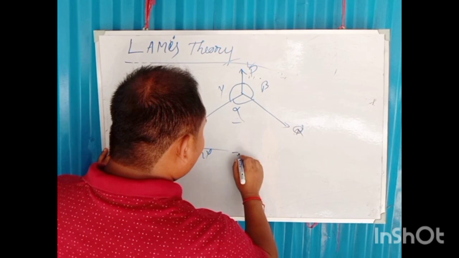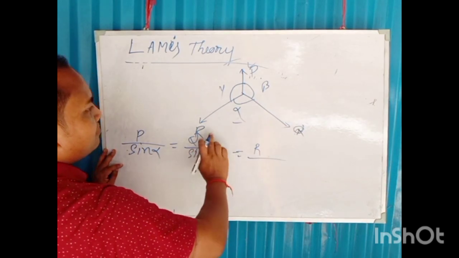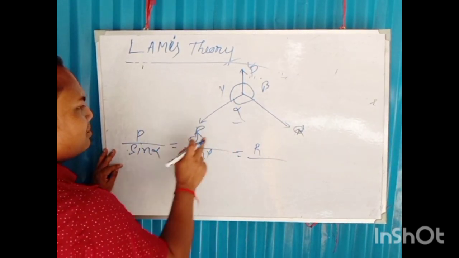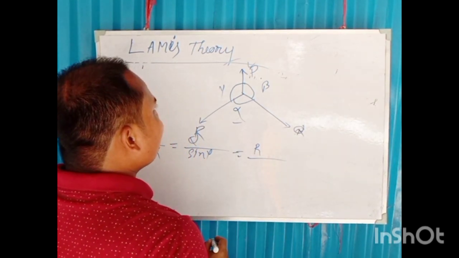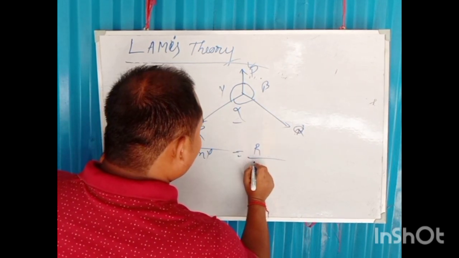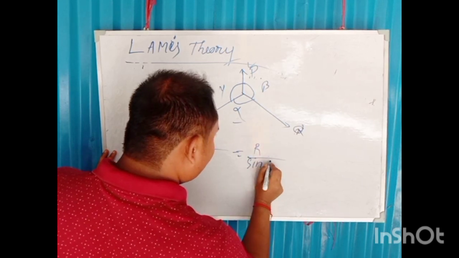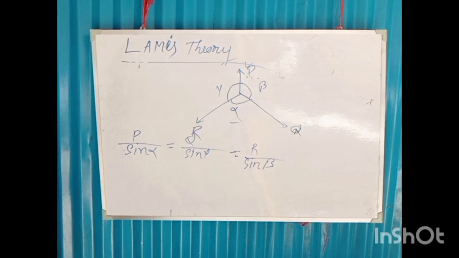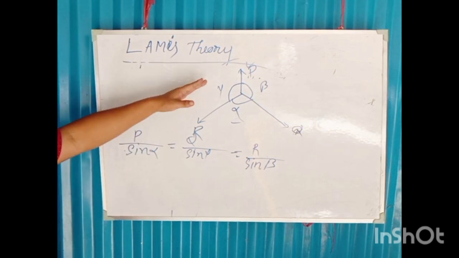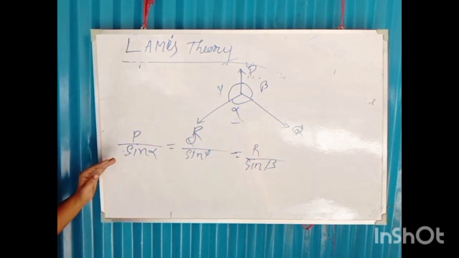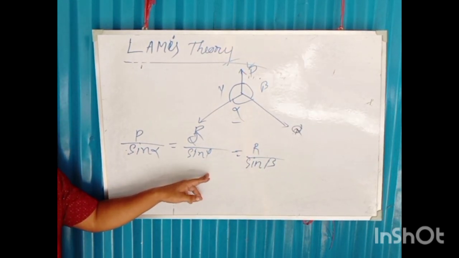R equals, the opposite forces of R are Q and P, the angle between Q and P is beta, so sine beta. By the graphical representation, this is the mathematical formula of Lami's theorem.